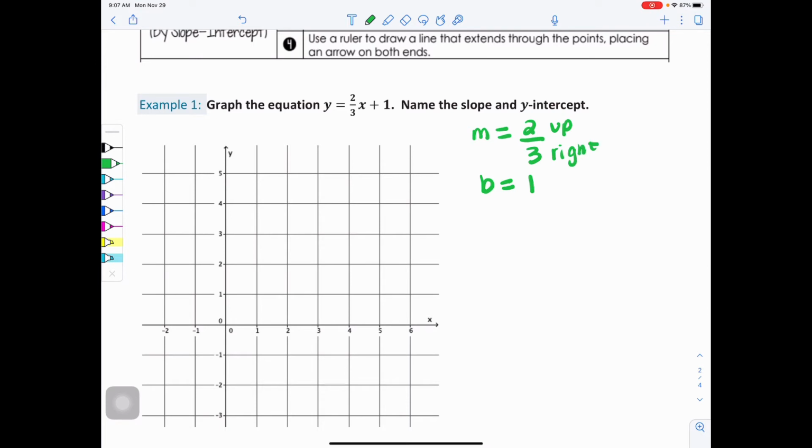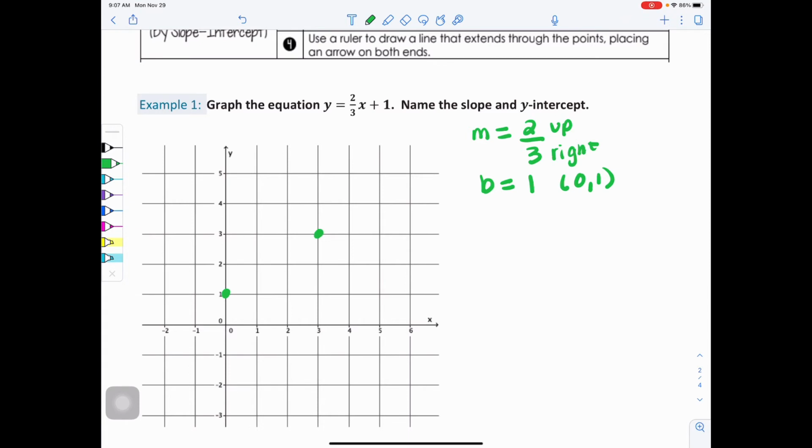And my y-intercept is on the y-axis. So if my y-intercept is 1, that means the first point I'm going to plot is (0, 1). So I will plot (0, 1), and then I will use my slope to count out the rest of my points. So I'm going to go up 2, to the right 3, and place a point.